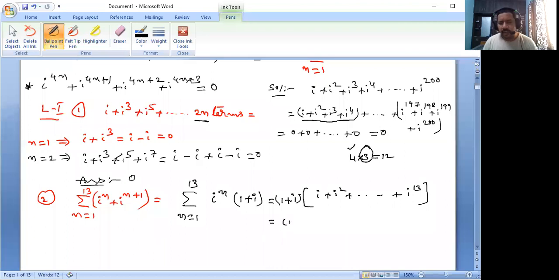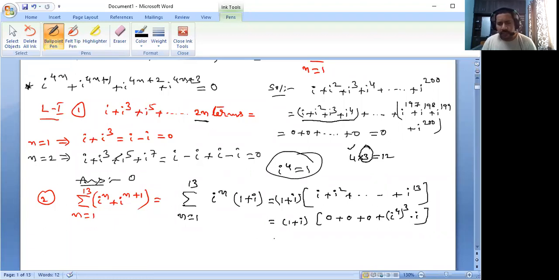Now, 1 plus i into first 4 terms 0, second 4 terms 0, third 4 terms 0. Now remaining is i power 13. I am writing i power 13 as i power 4 whole cube into i. Why I am writing i power 4? Because the i power 4 value is 1. That's fine.